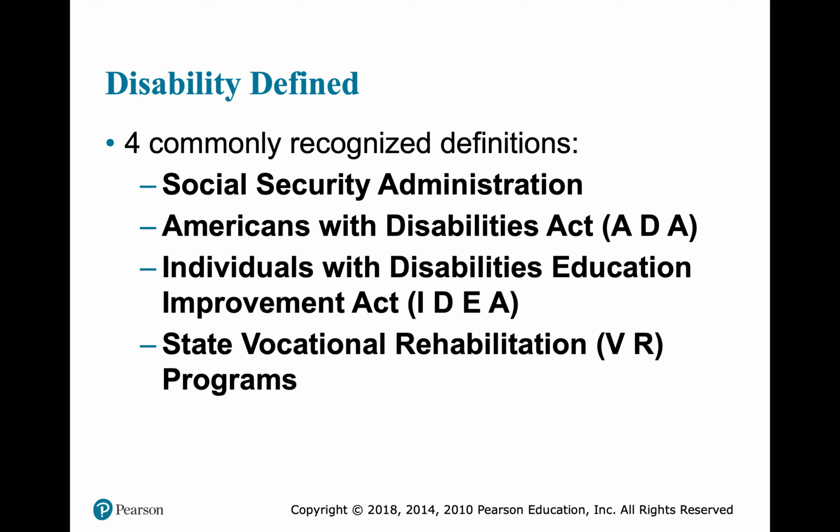So, four commonly recognized definitions. First, the Social Security Administration. I do want to mention that the reason I decided to put this chapter in the course is because this is a group of people, those who are disabled and the aging population, that I've seen a lot of in the many different systems that I've worked in, and I don't feel like it was discussed much or enough in my training.